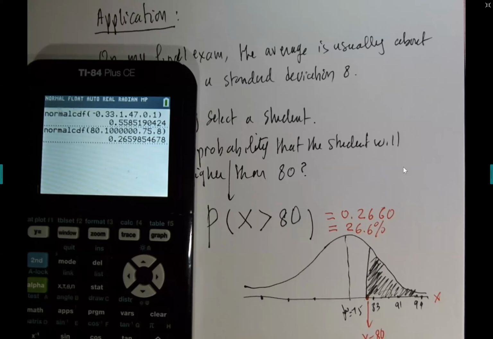So to score over 80, not to pass that test, to score over 80, get 85, 86, 92, 93, up to 100, the chance is 26.6%. So this is how we use the calculator. Now I'm going to take you back to StatCrunch and show you.